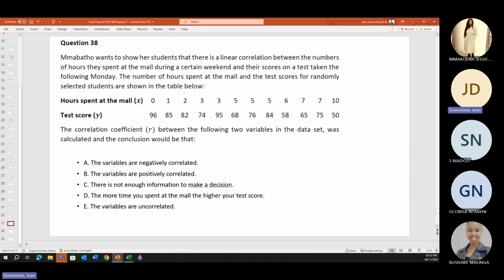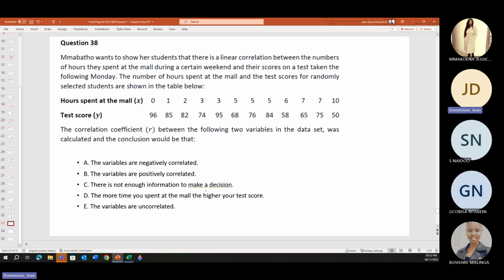Let's just look at what they want us to look at first. So they want us to say, okay, the correlation coefficient between the two variables in the data set was calculated, and the conclusion would be what?